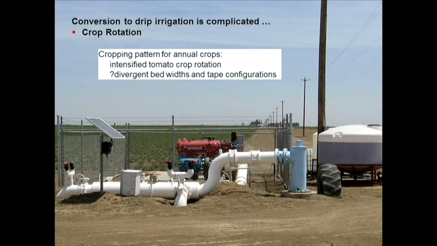The summary of it is, for tomatoes, water use efficiency has clearly gone up. And we think that yields will continue to rise, both because of genetics and continued use of drip irrigation.